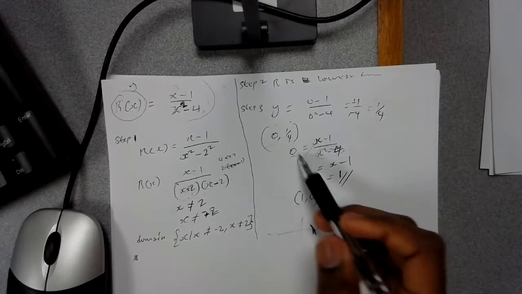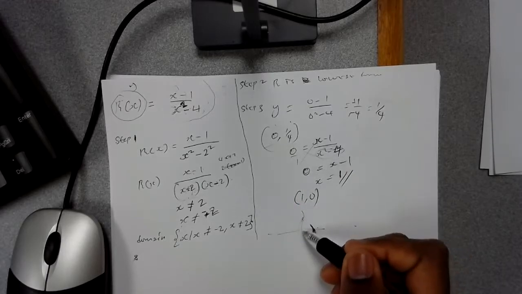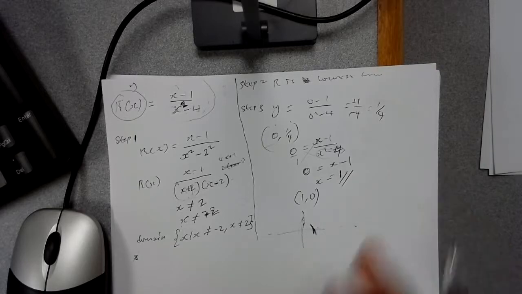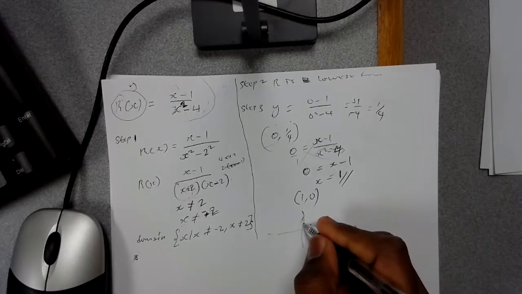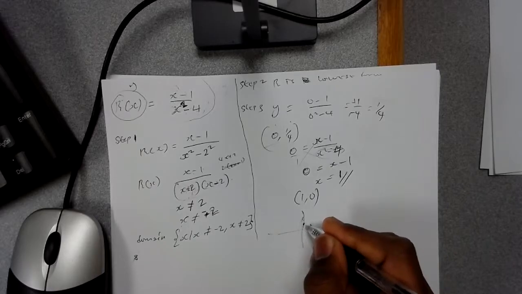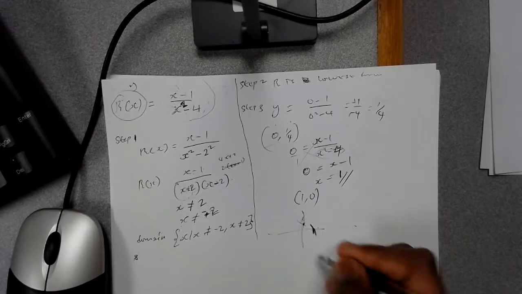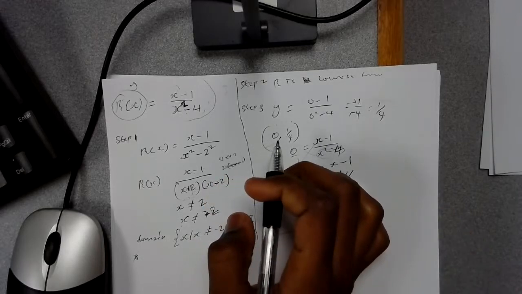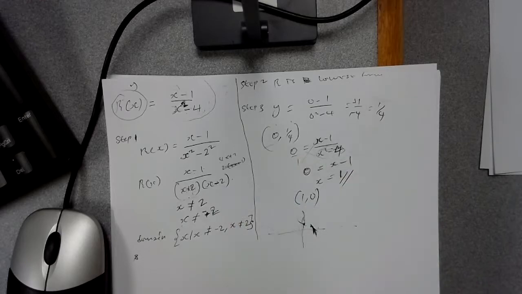And the y-intercept, where x is equal to 0, will be around this end. That is where it crosses the y-axis, and it crosses the x-axis here. Those are the two intercepts. So that is our step 3, where we figure out the intercepts.